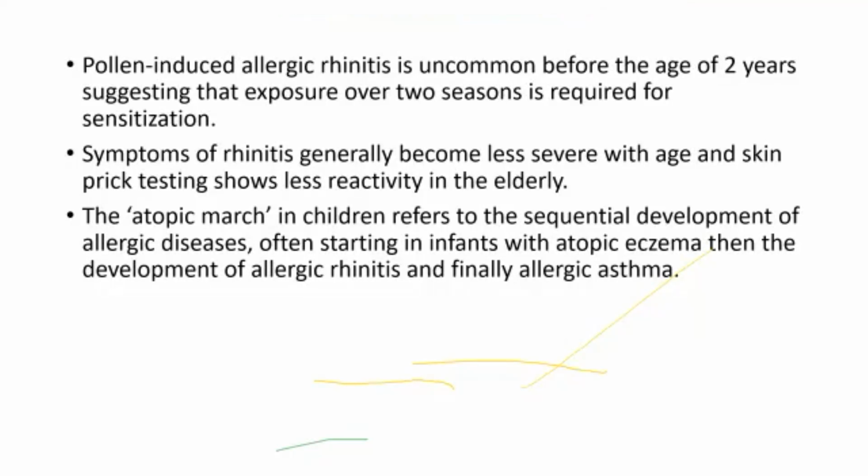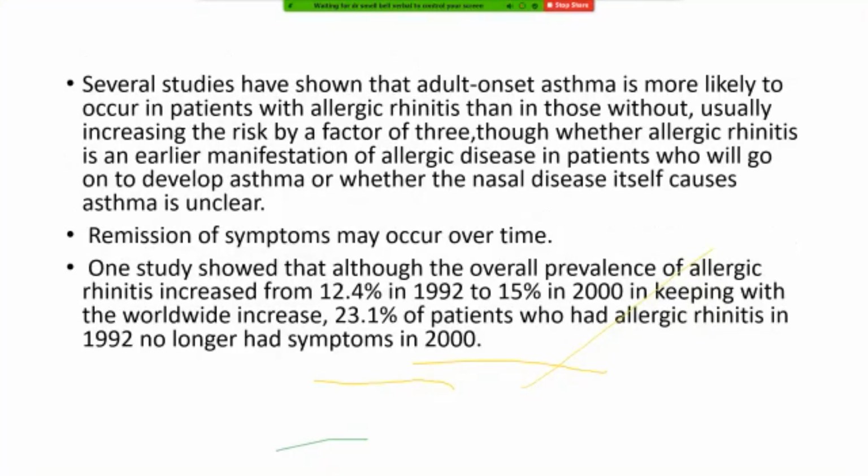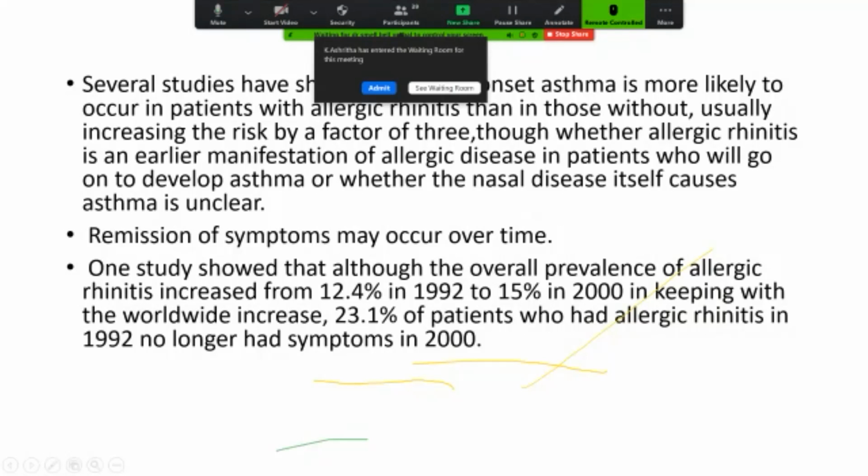Studies have shown that adult onset asthma is more likely to occur in patients with allergic rhinitis than in those without, usually increasing the risk by a factor of 3. Though whether allergic rhinitis is an earlier manifestation of allergic disease in patients who will go on to develop asthma, or whether the nasal disease itself causes asthma is unclear.